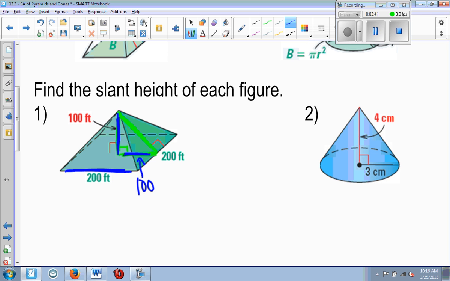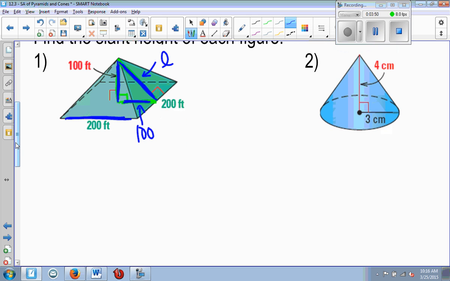My job is to figure out the slanted piece, which I'm going to call L, and we're going to find it by just doing Pythagorean theorem. So in that triangle I have outlined in blue, my legs are both 100. So 100 squared plus 100 squared equals L squared. If I do the math for that, we're going to get 20,000.